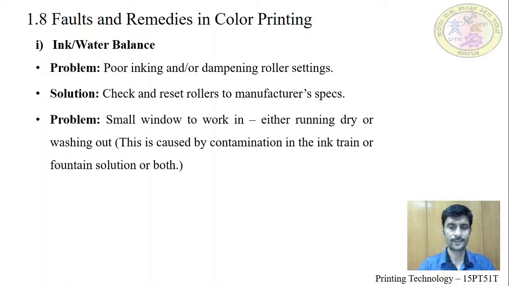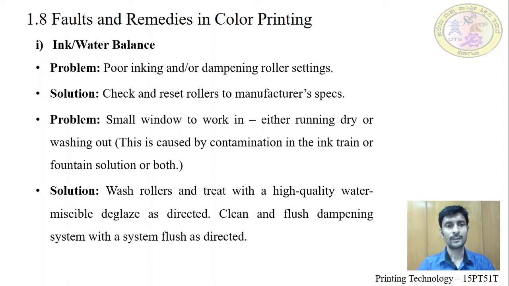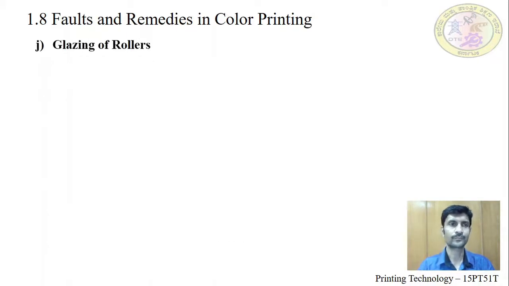The solution is to thoroughly wash the rollers and treat with high quality water, visibly deglaze as directed, and clean and flush the dampening system with a system flush as directed.